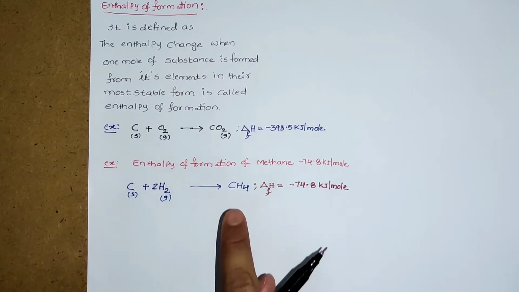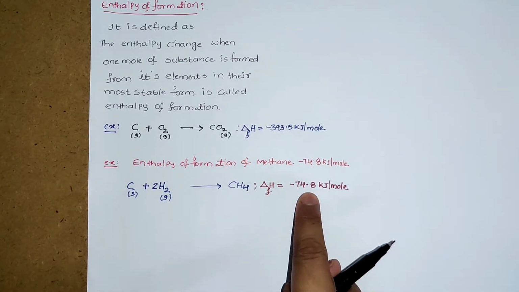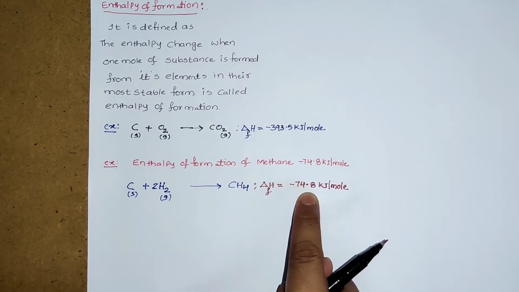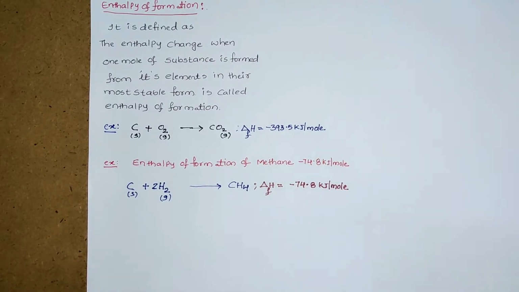For the formation of 1 mole of methane, how much energy is liberated here? 74.8 kilojoule per mole of energy is liberated. Like that, we need to write the enthalpy of formation. You should also practice more, because it is one of the important concepts to solve problems based on Hess's law.